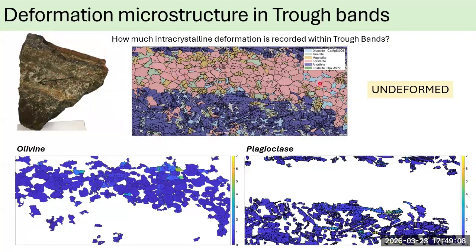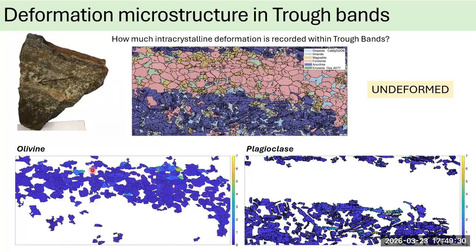This is the olivine-rich part, this is the plagioclase-rich part, and these two maps here represent the amount of distortion within the crystal lattice compared to its average orientation. So how much it deviates from a non-deformed grain, let's say.